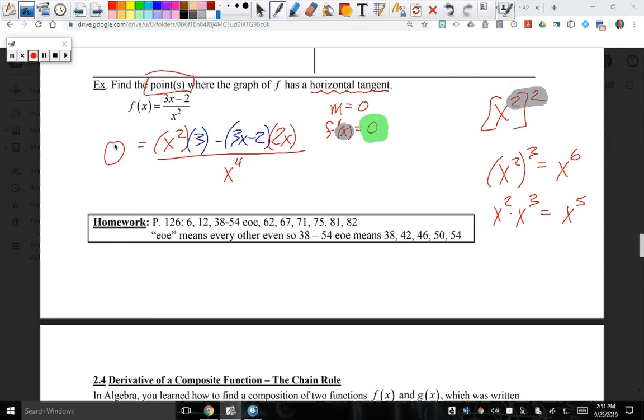So if there's a number that is not 0 in the denominator, and there is a 0 here, what does all that yield? 0. But if there's a 0 in the denominator, undefined. Okay? Those are huge concepts that we're going to talk about a lot this year, okay?